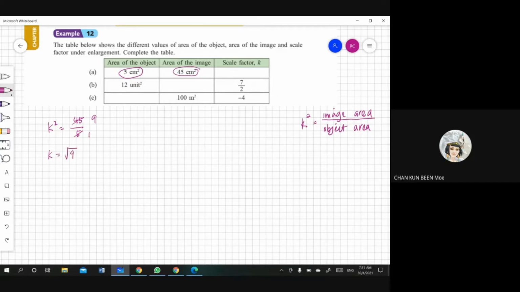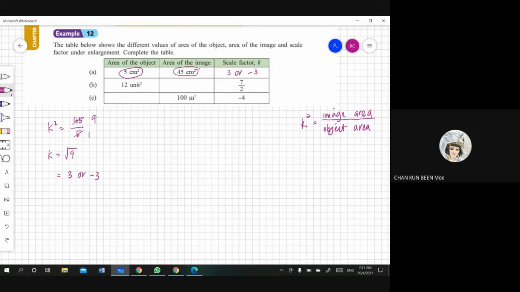When you find the square root of 9, the value of the scale factor can be positive and negative, right? Therefore, we have two answers for this one. The square root of 9 is 3, or it can also be negative 3. We write it using the word or, it would be better. 3 or negative 3. So we found the answer already. Over here, it can be 3 or negative 3. First one, okay, right? Easy.